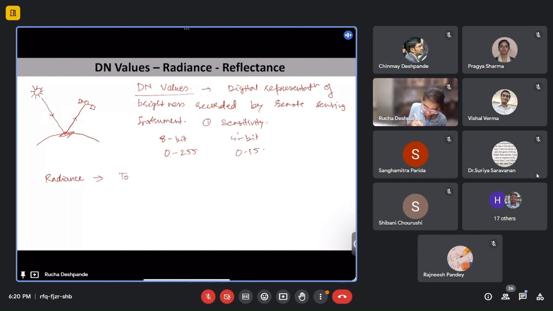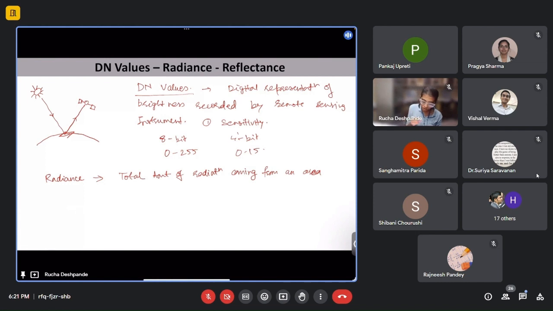So radiance is the absolute measurement of all the energy which is being sensed by the sensor.